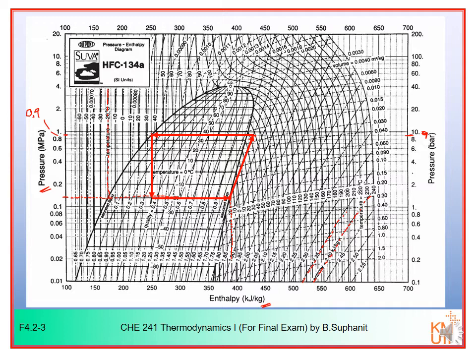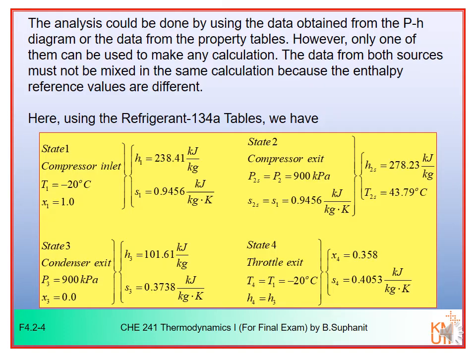Now, by plotting the process on the pH diagram, you can easily locate it, or you can easily read the value of enthalpy at every point. Enthalpy at number 1, 2, 3, and 4 can be read from the x-axis easily. Okay. Now, if you do the analysis by using the data from the pH diagram, you have to use all values on that diagram.